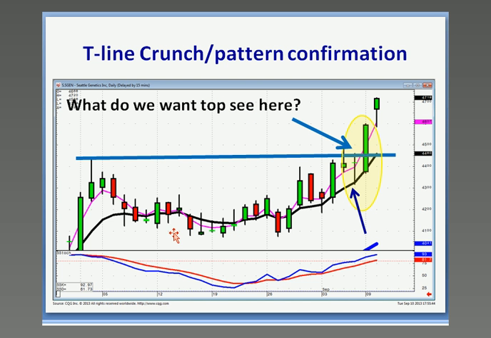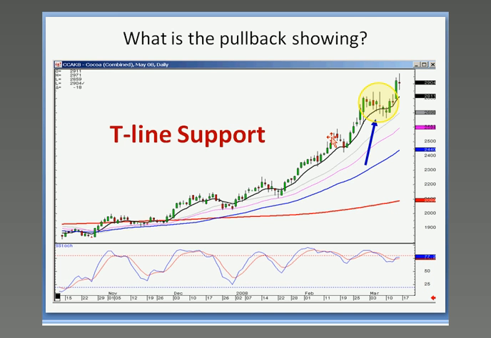If we're buying based on a fry pan bottom, T-line crunch, doji, bullish confirmation, stochastics are now in an overbought condition, but we can be buying because we know what's going to happen after a fry pan bottom breakout. There's going to be a very strong price move. So this, again, is just taking the elements that we know, that the T-line acts as support.